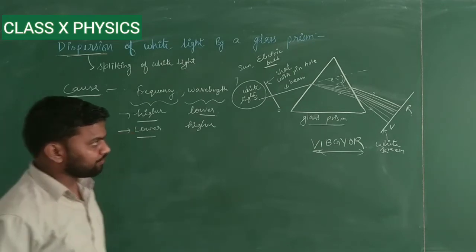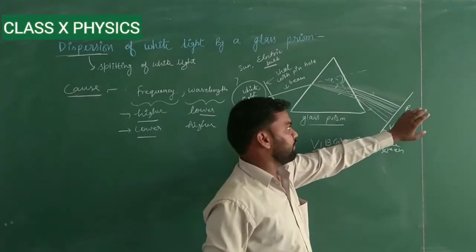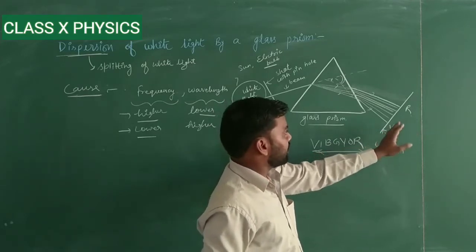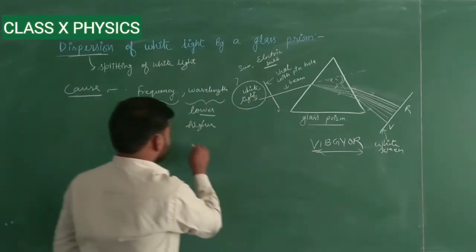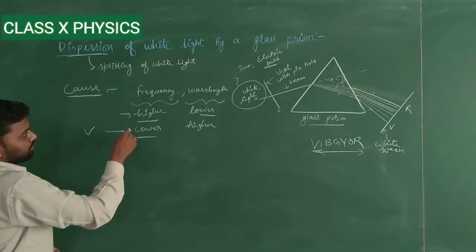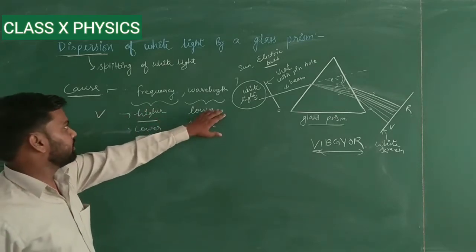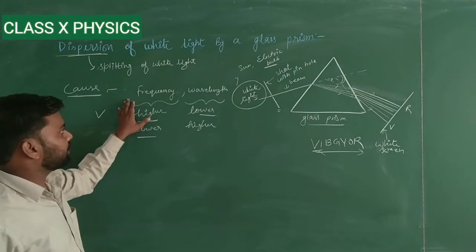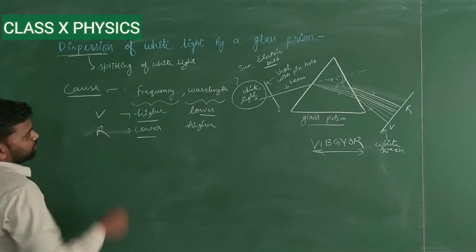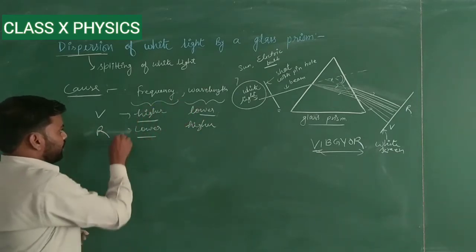In this case we can see that the red color has the higher wavelength, but the violet color has the lower wavelength. If the violet color has lower wavelength, then definitely the frequency of the violet color will be higher, and if the red color has higher wavelength, then the frequency of the red color will be lower.